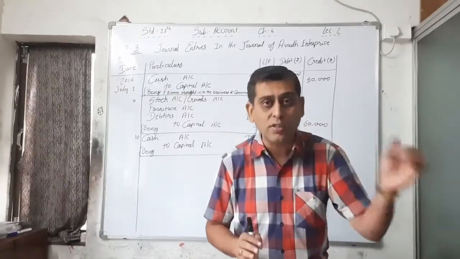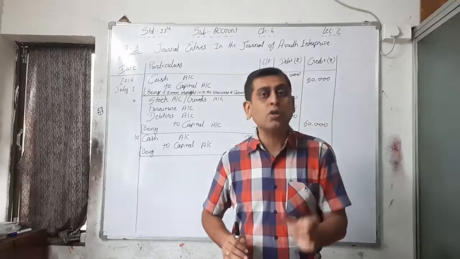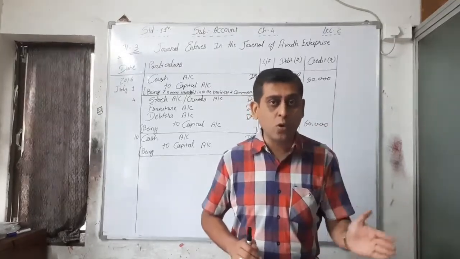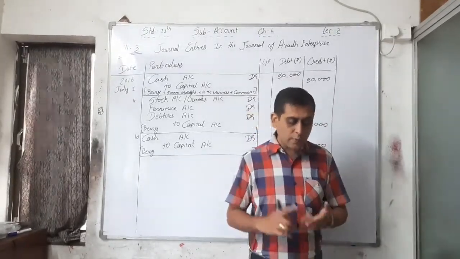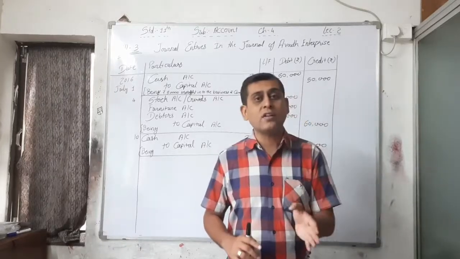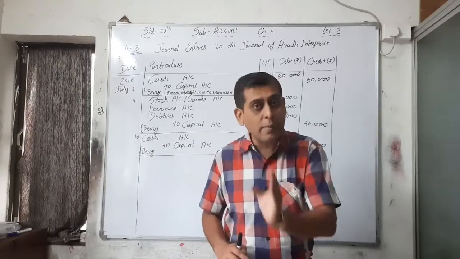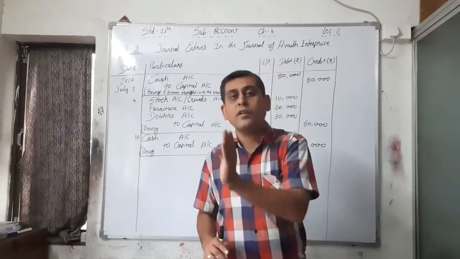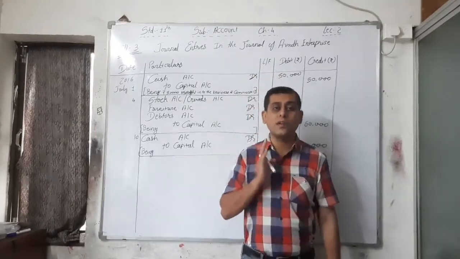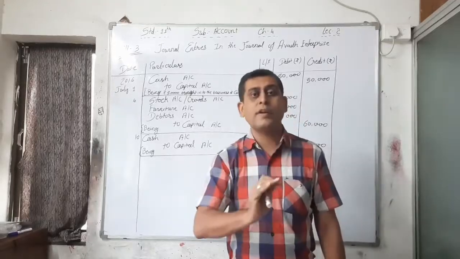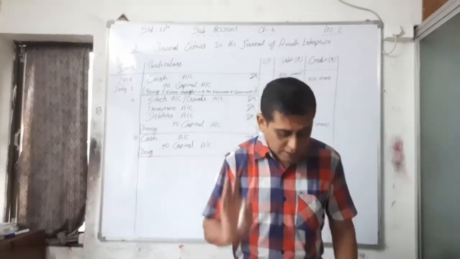Please write down all these things or note that. Compulsory in your fair book, note that. First, receivable means debtors, and debtors balance is always debit. Here payable is creditors, and creditors balance is always credit. Debtors always debited, creditors always credited.